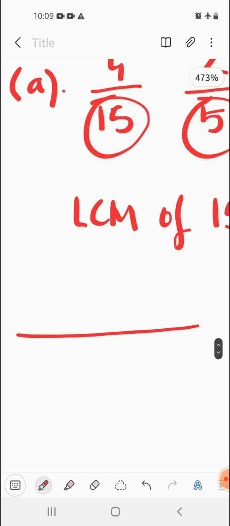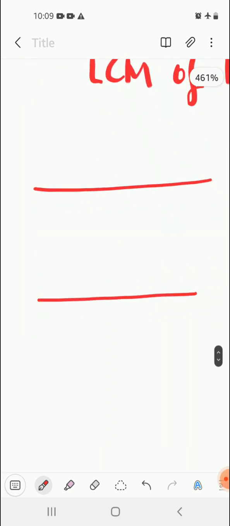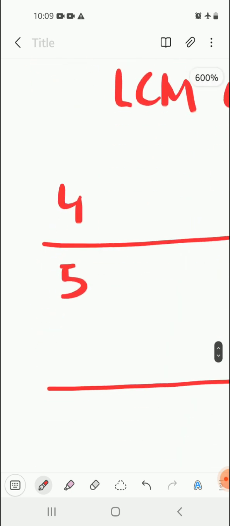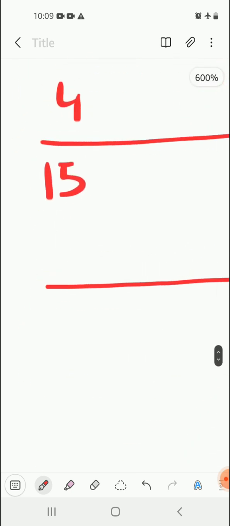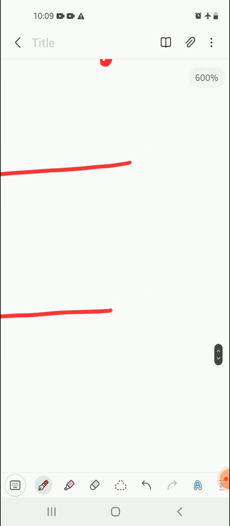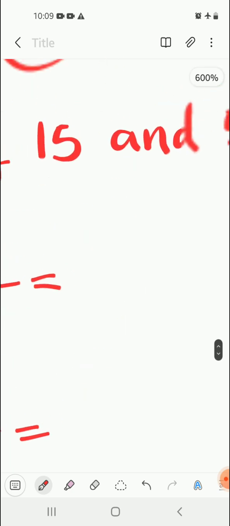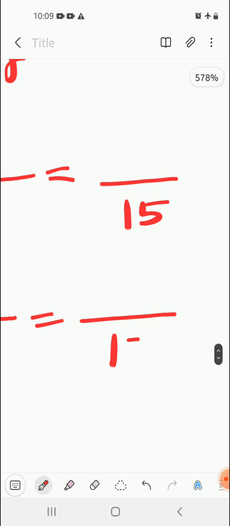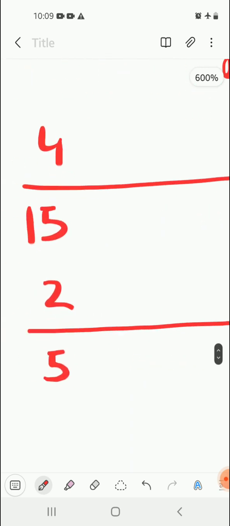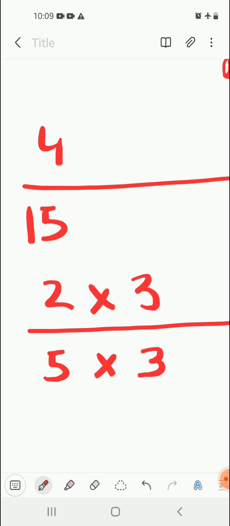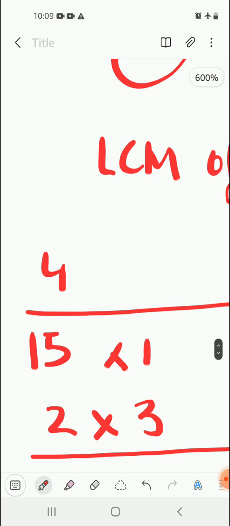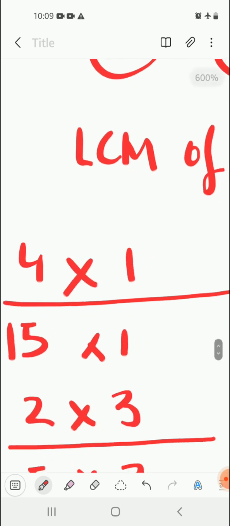So draw two long horizontal lines and copy the question, 4 by 15 and 2 by 5, is equal to, now write down the LCM that you have, that is 15. 5 into 3 is 15, so multiply the same with the numerator: 2 into 3 becomes 6. 15 into 1 is 15, so 4 into 1, the same thing.